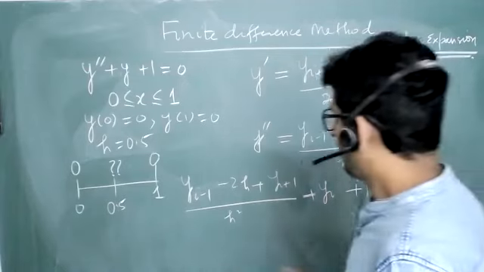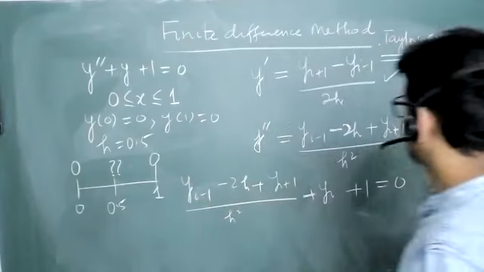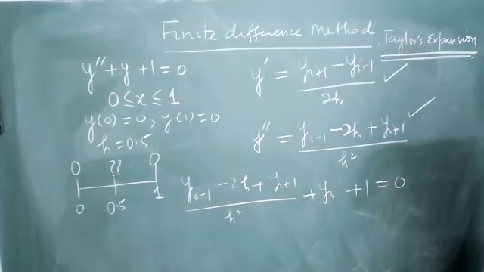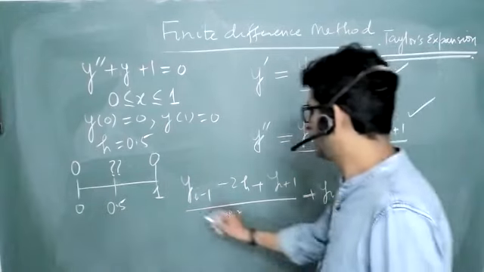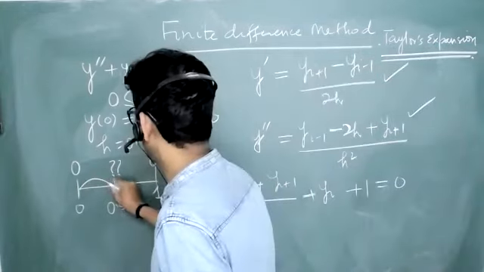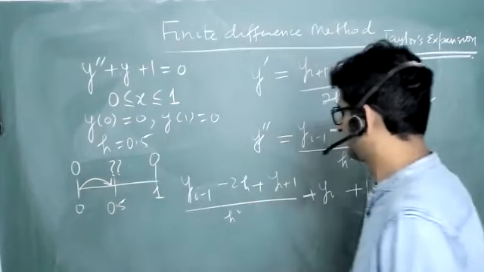Yes, sir. Now this is your iterative equation. Every value is given. If I take i equal to 1, you will jump immediately to this.